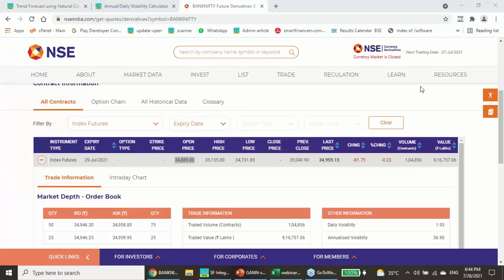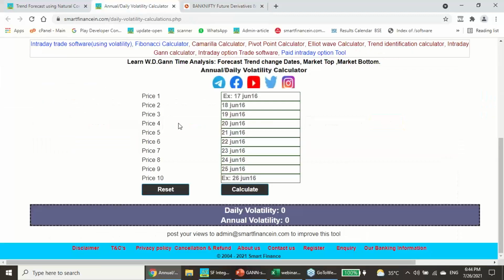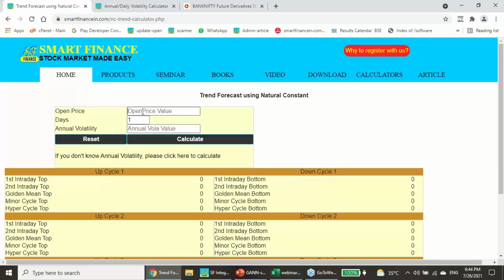Now, how to utilize it for positional trades. For positional trades, you cannot use the opening price. You have to use the closing price, 34,959. Bank Nifty closed at 34,959. I want to use it for the positional trade for 4 days, with the annual volatility.